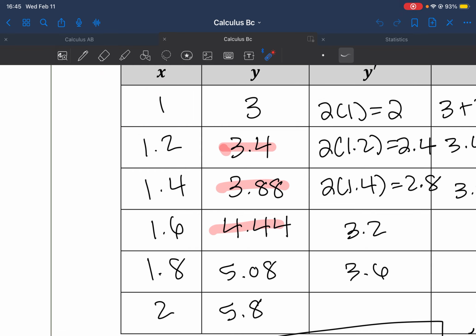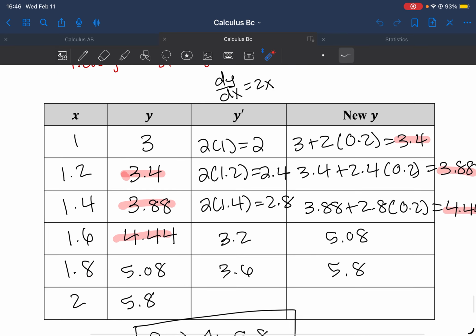And then since my steps were 0.2, I went up by 0.2 until I got to f of 2, and that is the value I'm trying to approximate. So starting at the top of the table, I already was given this point. I need to find y prime, and I'm given dy/dx, and dy/dx states that I take 2 times x. So 2 times 1 gives me 2.